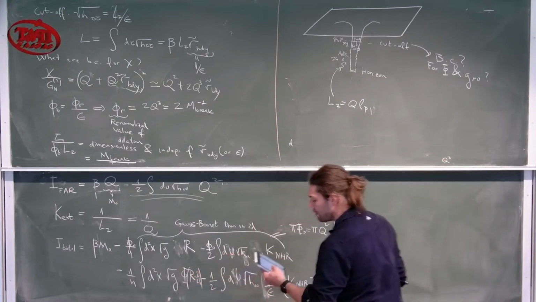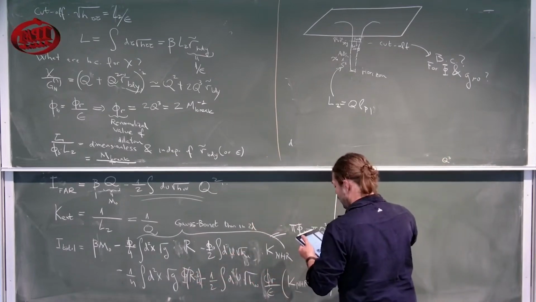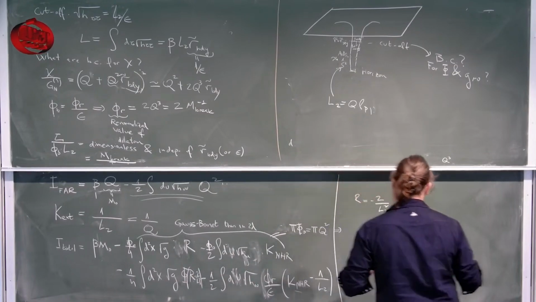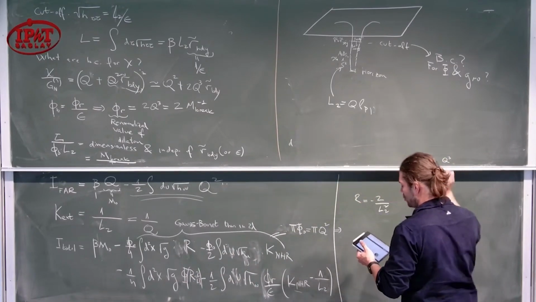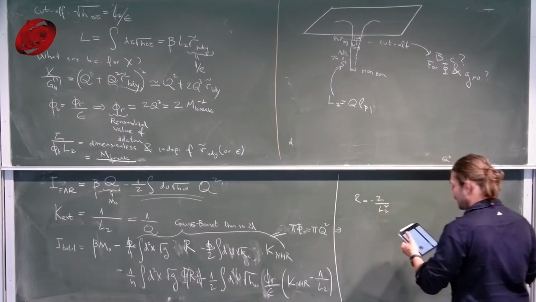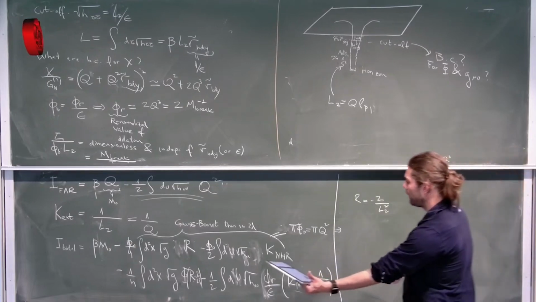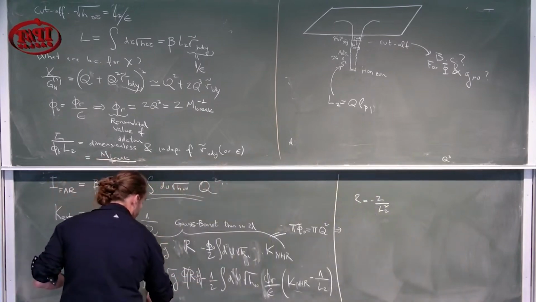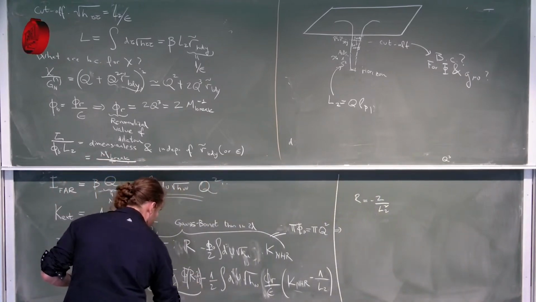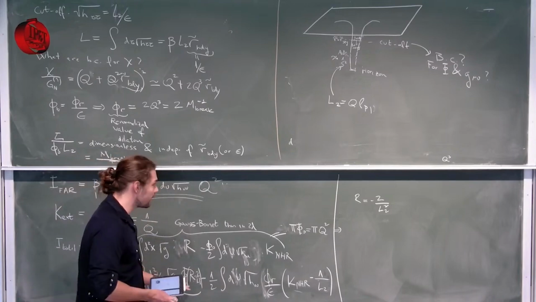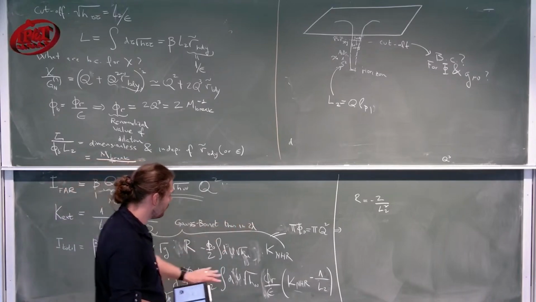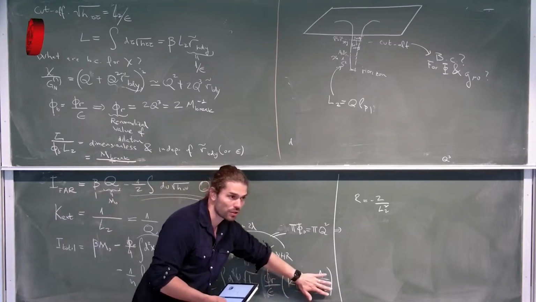Essentially, it's like a Lagrange multiplier, which sets R equal to minus 2 over L2 squared. Which is, again, just AdS2. So the action of this is set to 0 by the fact that R is set to minus 2 over L2 squared. The only thing that's not fixed is this boundary term.